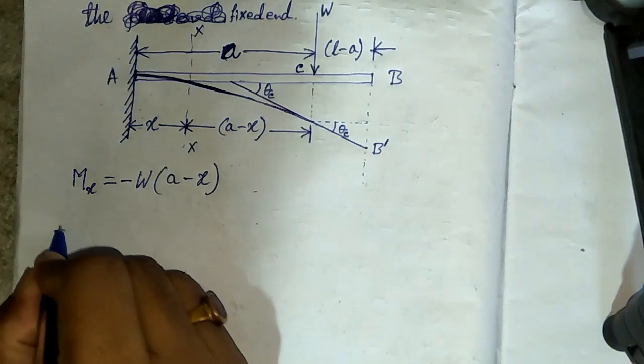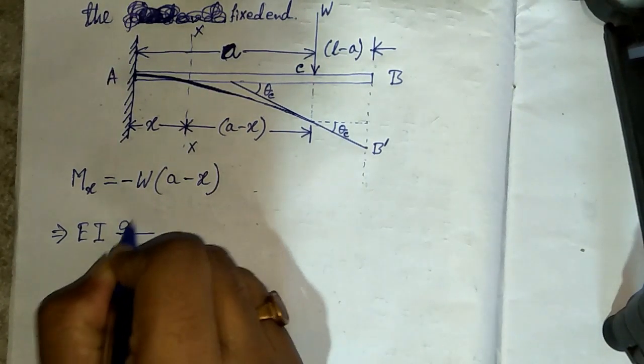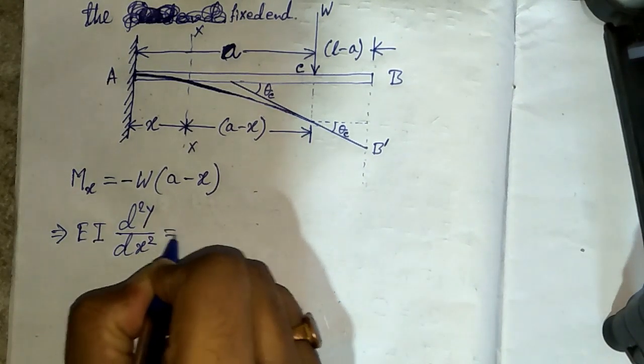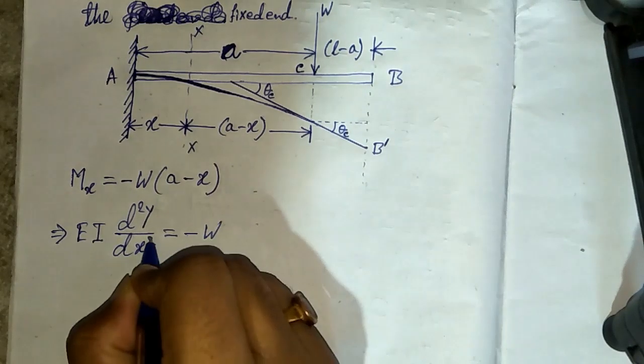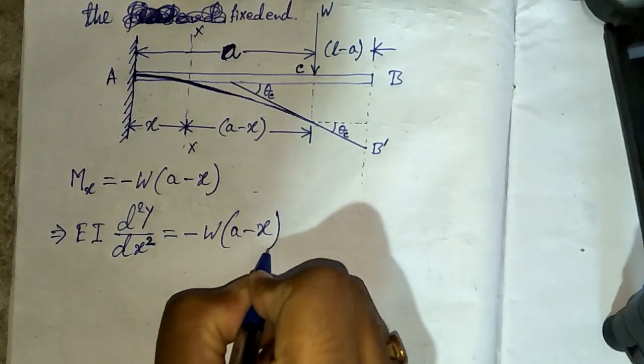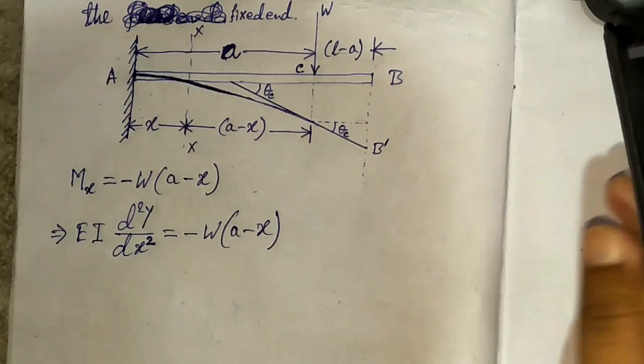So we can write M equals EI d2y by dx2 is equal to minus W into a minus x. Now we are going to integrate this equation.